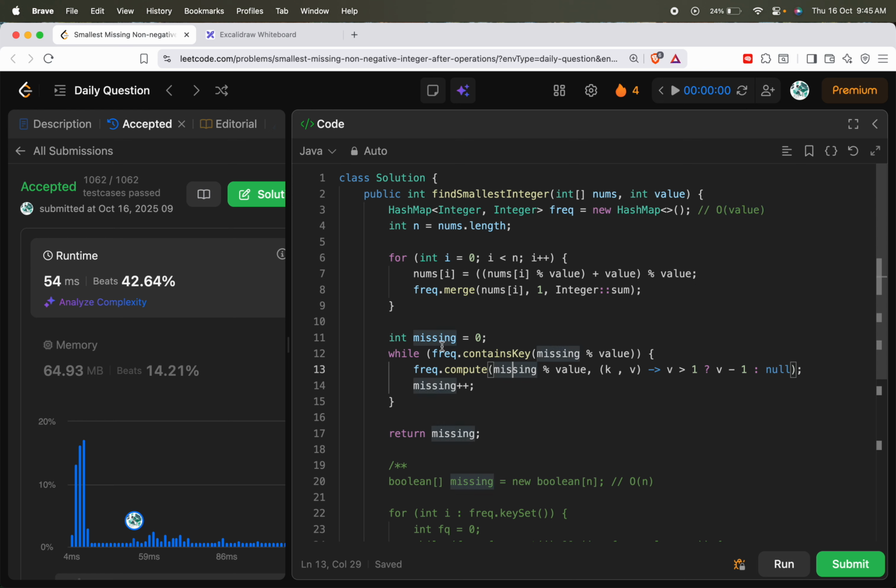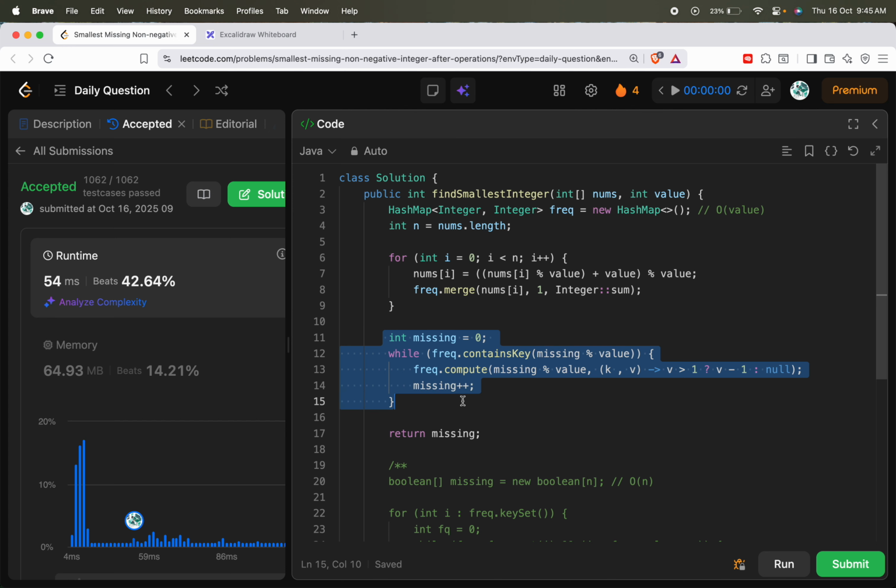And then we are initiating the missing value to be 0 and iterating until we find the missing value. So this would run all the way up to order of n.